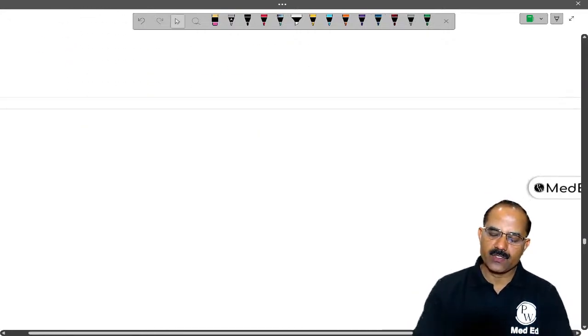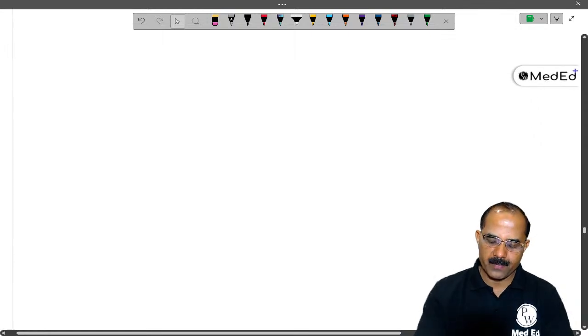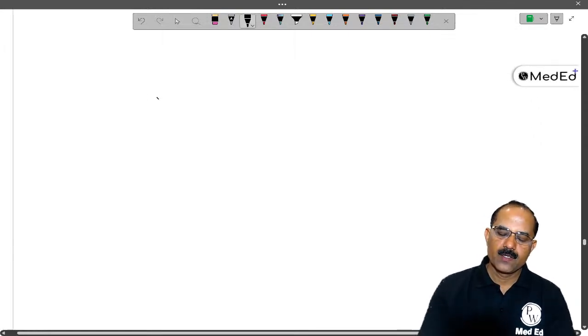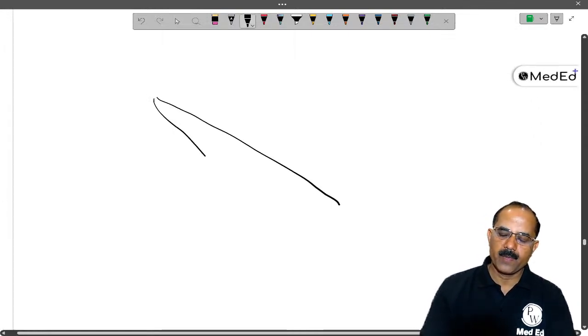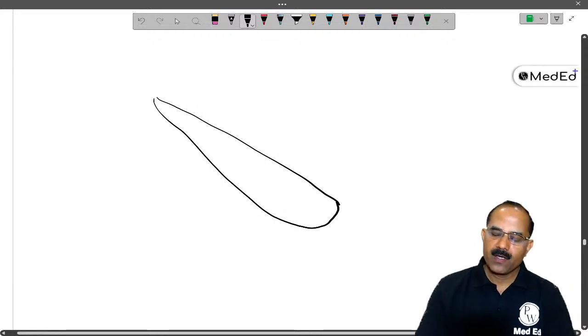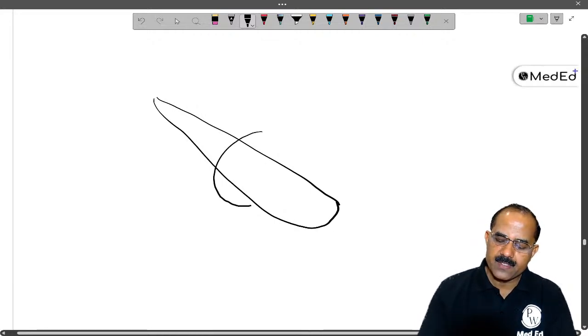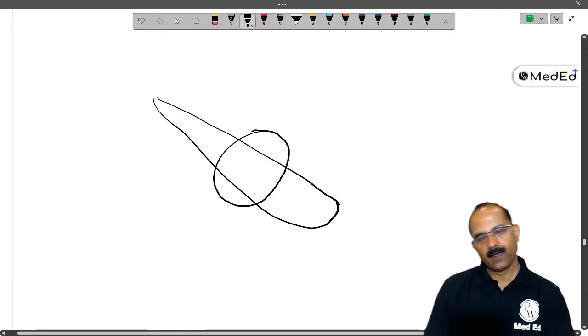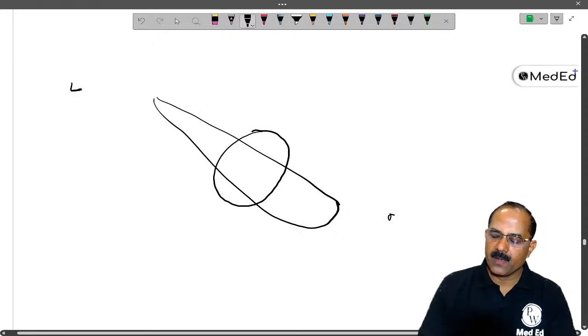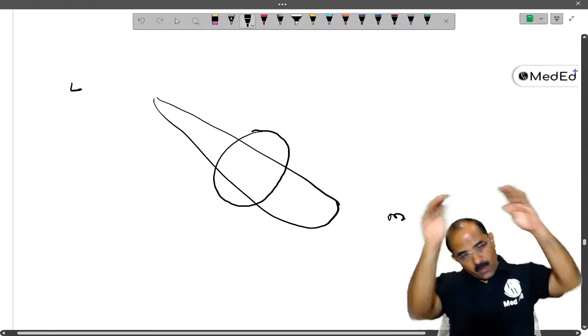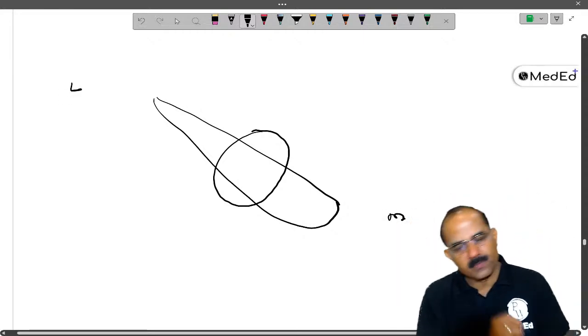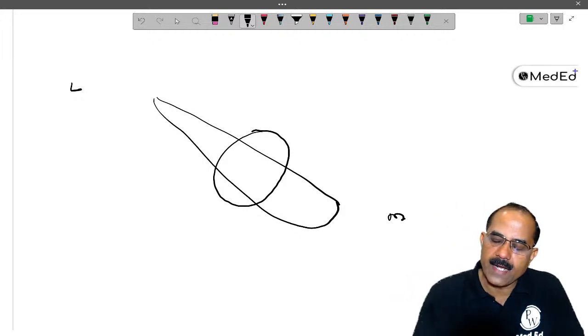Okay, I'll just draw the superior orbital fissure for you. Have a look at this. This is the superior orbital fissure, and this is the common tendinous ring of Zinn. So this is lateral, this is medial. Now what passes through the lateral compartment of the superior orbital fissure?